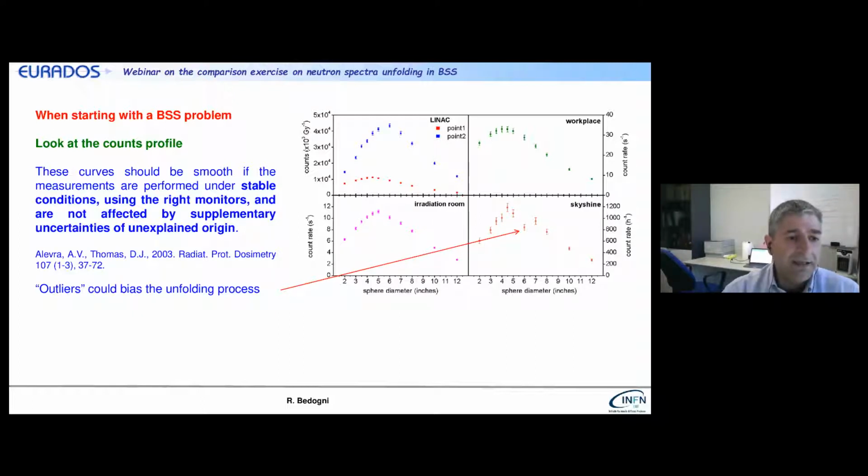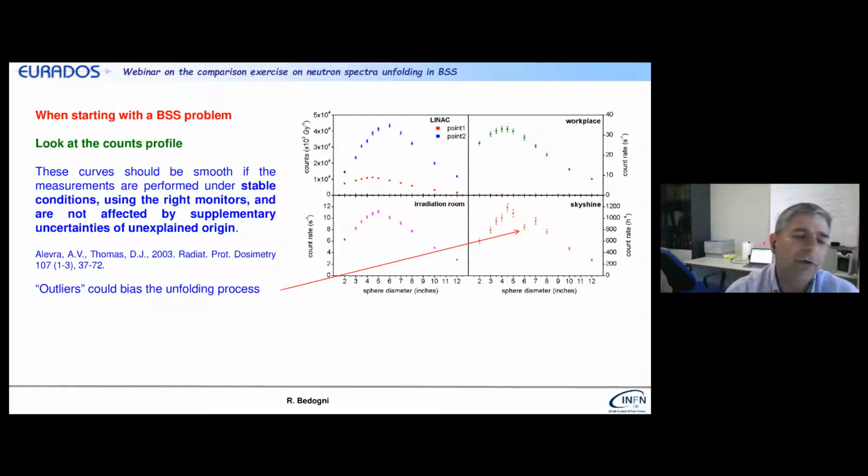So the plot profile curves should be smooth if the measurements are taken under stable conditions using the right monitors and are not affected by supplementary uncertainty of unexplained origin. This was said by the historical references like the one from Alevra and Thomas, 2003, Radiation Protection Dosimetry.